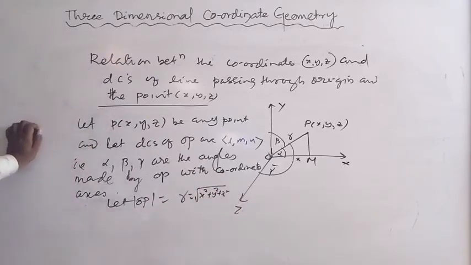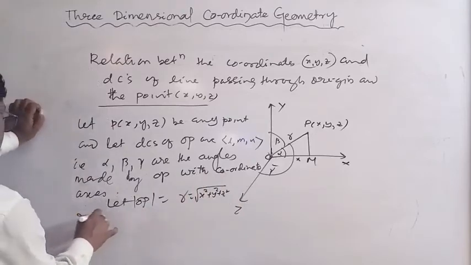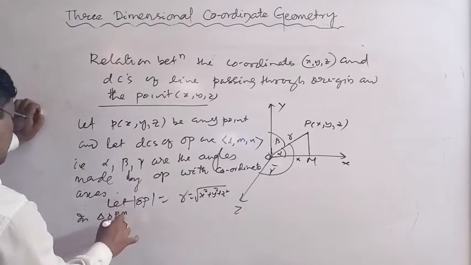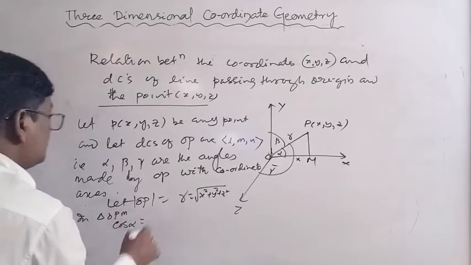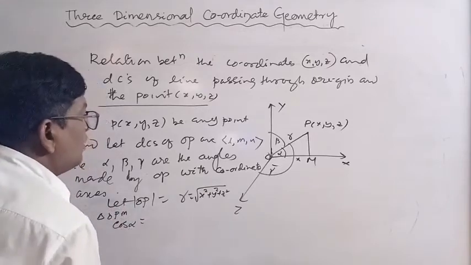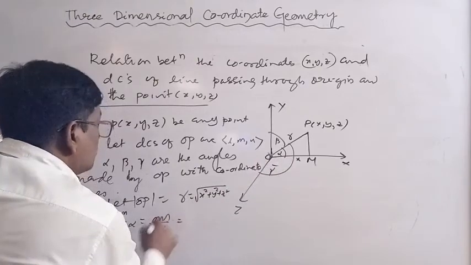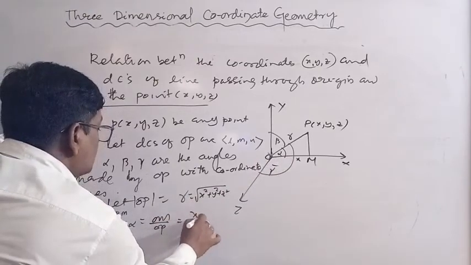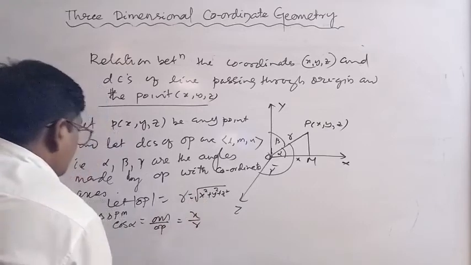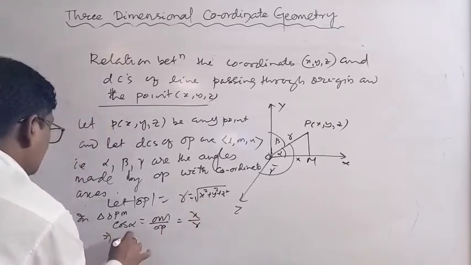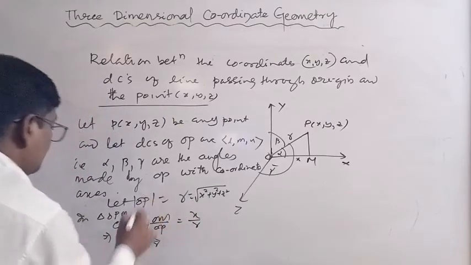Now in triangle OPM, cos alpha is equal to base by hypotenuse, OM by OP, that is x by R. That implies L is equal to x by R.